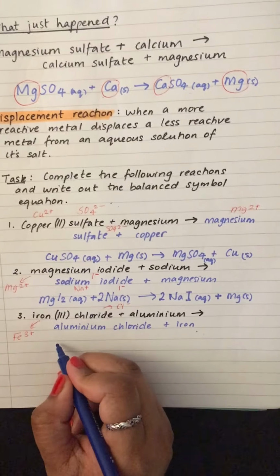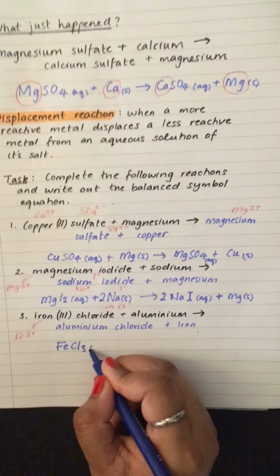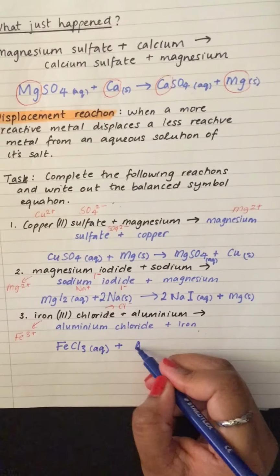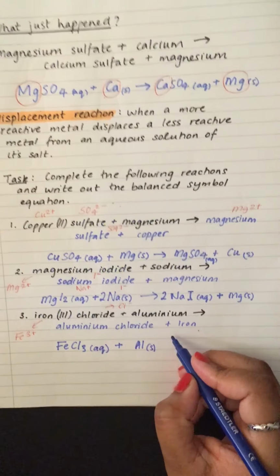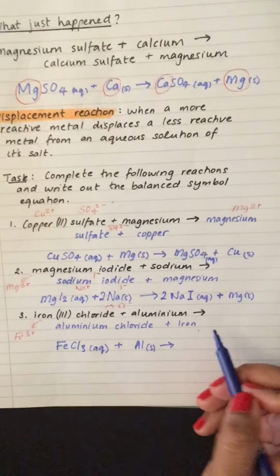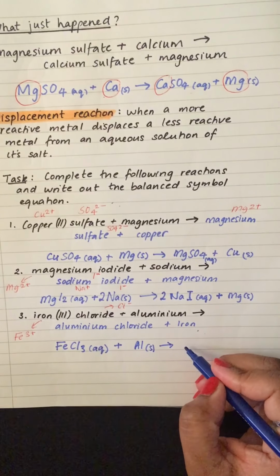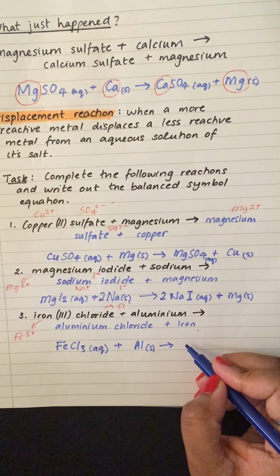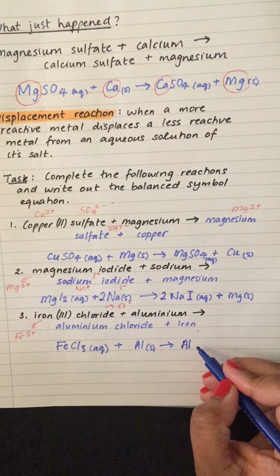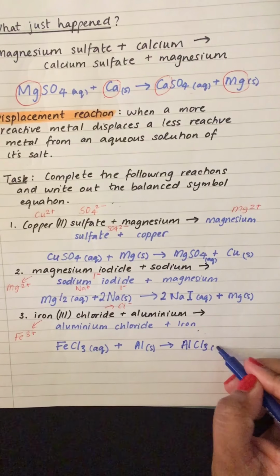That's quite a mouthful. So FeCl3 plus aluminium. I'm sure you can see the trend here now. And I've got aluminium chloride. Aluminium has a charge of 3+, and therefore I'll need 3 chlorine ions to make the charges add up to 0.